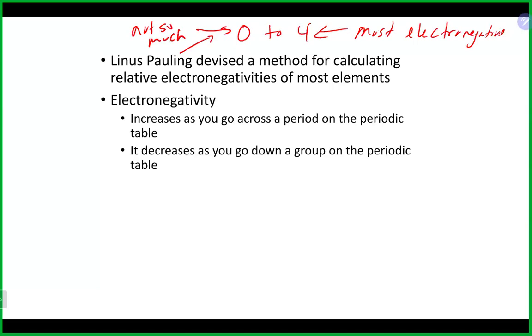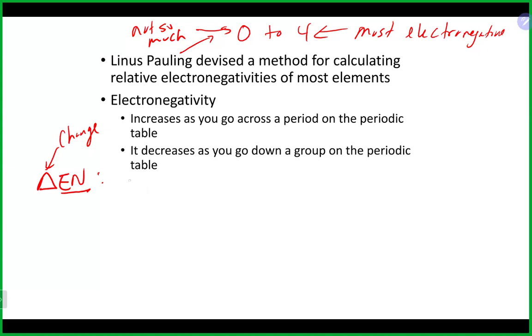So you could actually calculate, if you have the values, what is sometimes referred to as delta EN, which is the change in electronegativity values. You calculate it by simply taking the two electronegativity values within the bond and subtracting them, larger from smaller, so you get a positive number.